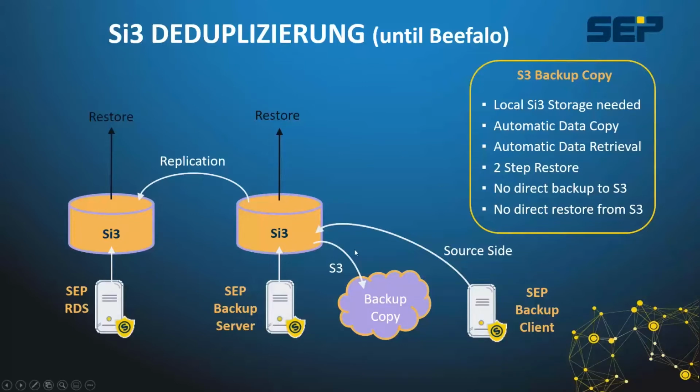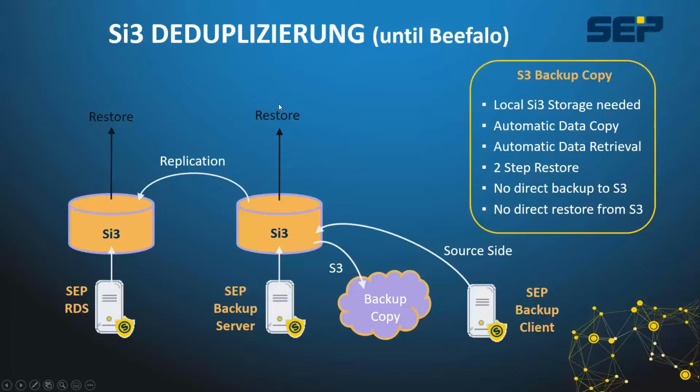And it was kind of a two-step restore process: if data is deleted in this SI3 dedup store and you would like to restore data that is missing locally, then it restores the data automatically in a two-step process from the cloud to the local storage so that you can restore to your restore target.